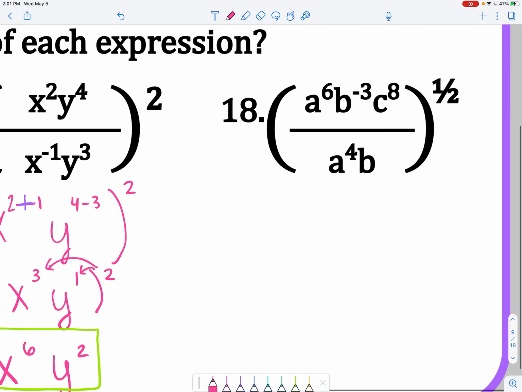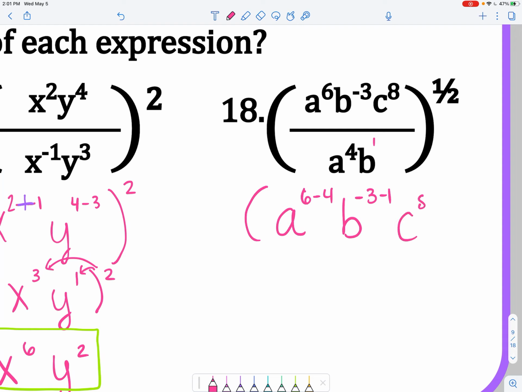And then for 18, same idea. I see some matching bases here, so I'm actually going to simplify the stuff that's in parentheses first. Base A, I write as if it's a numerator, and I subtract the exponents. Base B, I write it as if it's in the numerator. I subtract the exponents. Remember, there's an invisible 1 here.